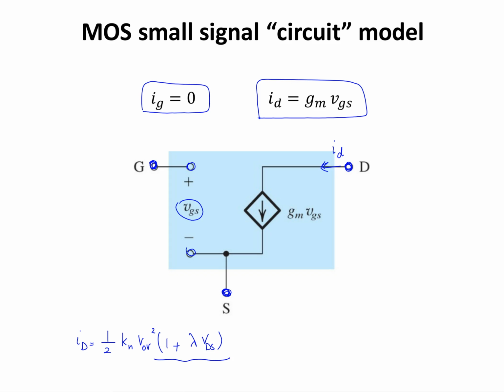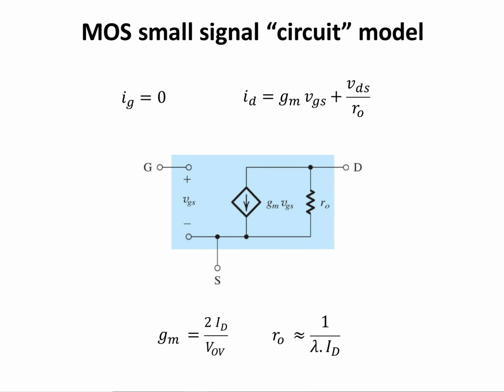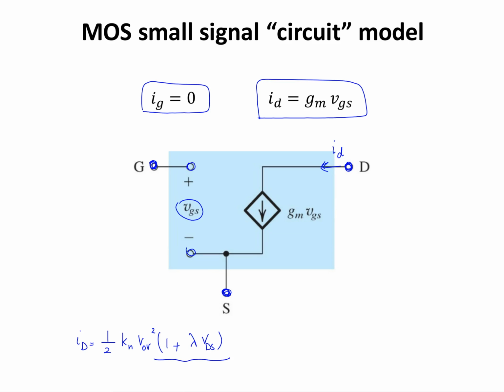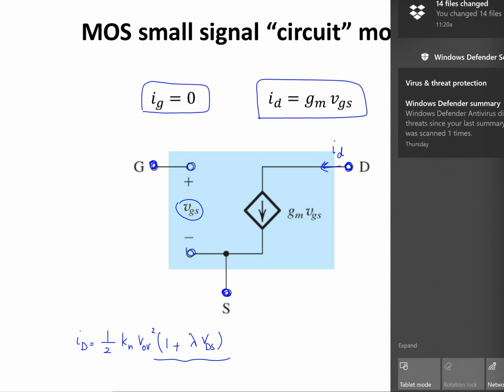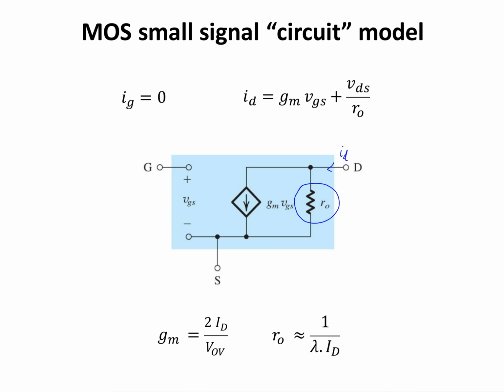I use it to show that when VDS increases, the ID is going to also increase because of the decrease in the channel length. So if I want to include that effect in my small signal model, I can add a resistor, as you can see here, between the drain and source. This is the output resistor, r sub o, between drain and source, and then this id is going to have two terms in this equation. So gm vgs, one effect that comes from vgs, and another term that takes into account the effect of the drain to source voltage.